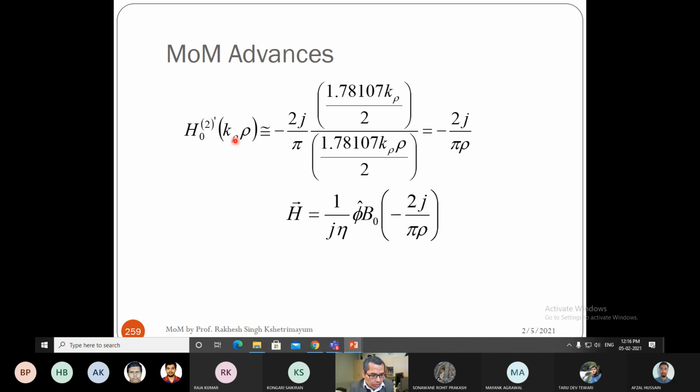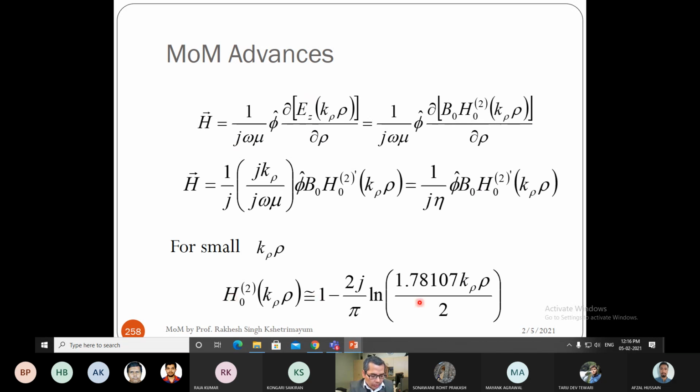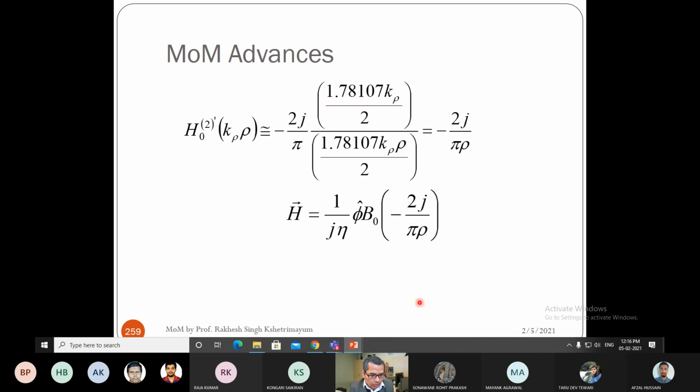So H0(2)'(k rho), by substituting the value of H0(2) like this and doing the partial derivative with respect to rho, the final expression is minus 2j by pi rho. So the final expression for the magnetic field is 1 by j eta, phi hat, B0 times minus 2j by pi rho. So we have a very simple expression for the magnetic field now.